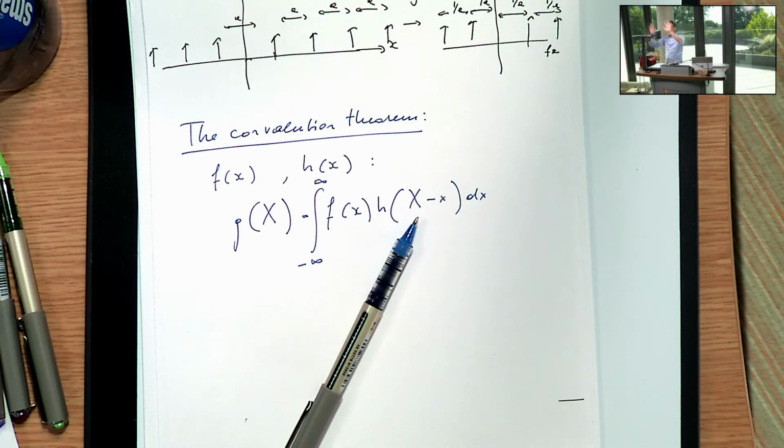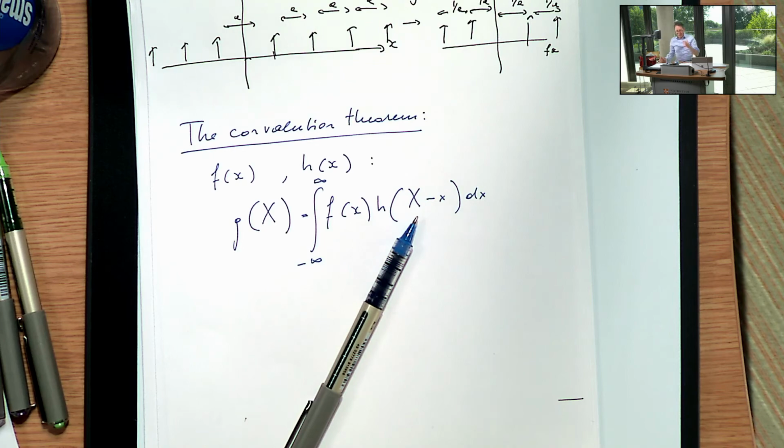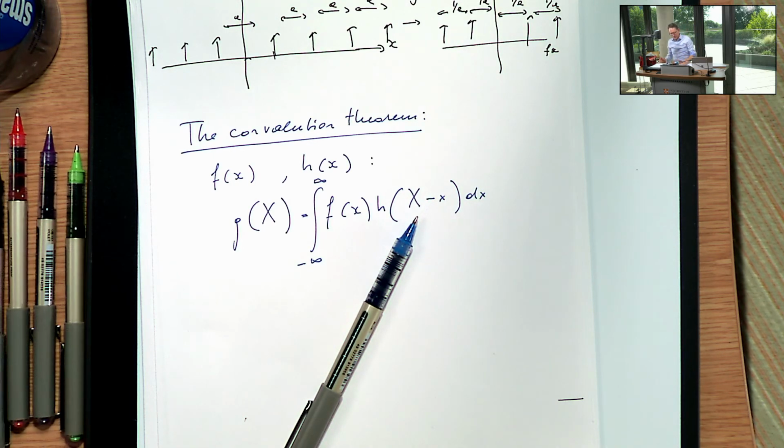So you take two functions like this and like that, f of x and h of x, you flip h of x, and you perform the integral by sliding this function across the other, taking the product at each point and summing up the different pieces, summing up the overlap. And you think, okay, well, what do I need this for? In fact, the imaging operation in a microscope is a convolution operation. You will see that in the coming lecture.